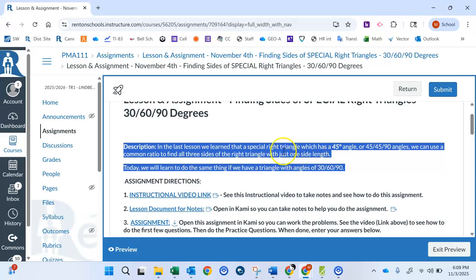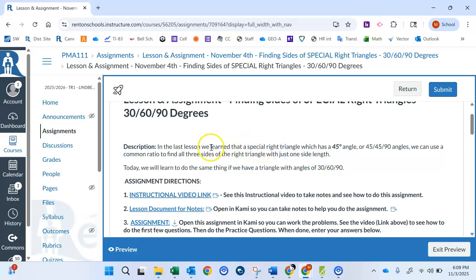This is very important. Yesterday we learned how to find the sides of a triangle which has only one side but a 45-degree angle, because it really means you have two sides, both with 45 degrees each. So we use a common ratio.